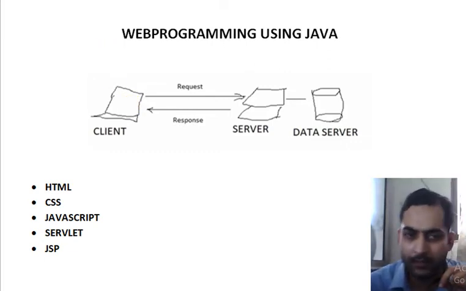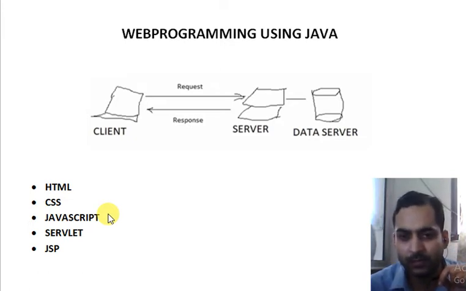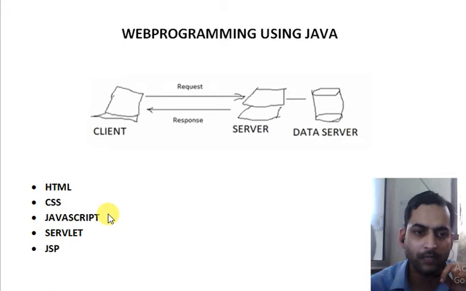JavaScript is a programming language and it can be used for client-side validation of the form. It can also be used for event handling, like we can add some behavior for when we press some button, what should happen. That type of thing we can perform using JavaScript.